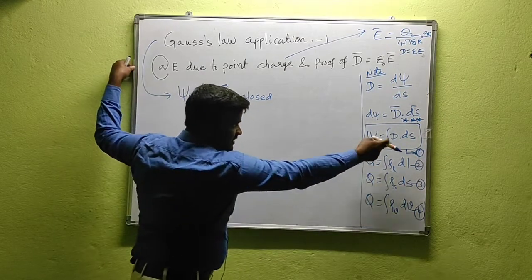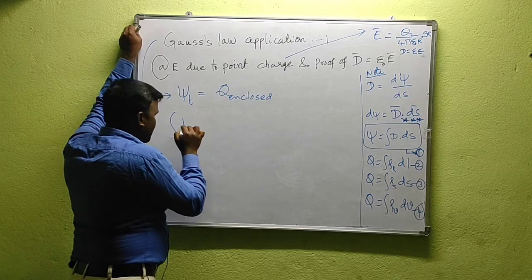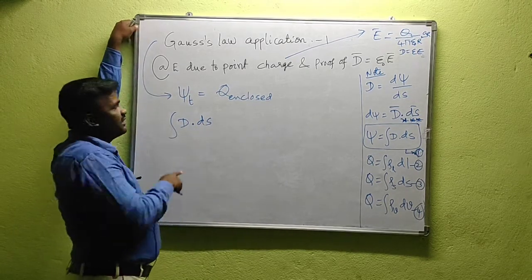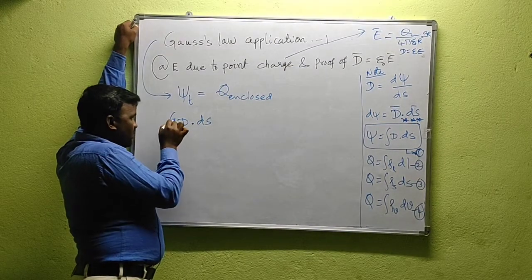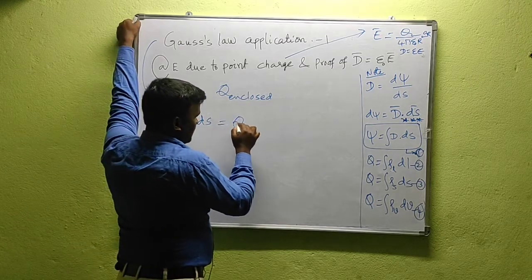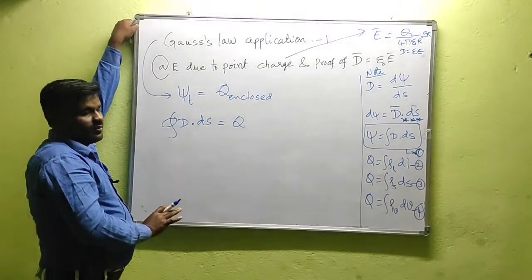We have the relation psi equal to integral D dot dS. But coming to the statement of Gauss law, total electric flux through a closed surface, I need to apply a closed surface integral, which is equal to Q enclosed, that is the charge enclosed. Point charge.